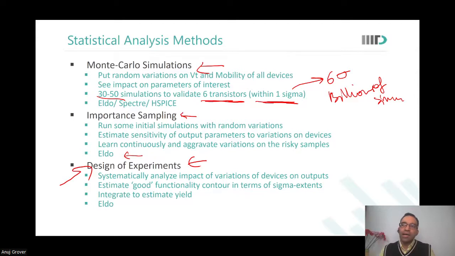And then it will start to observe some trend analysis. It will say that, okay, when I move my variables in this particular direction, that is when the write time increases. So whether there will really be failures or not, to estimate that, let me select more samples of that kind only.